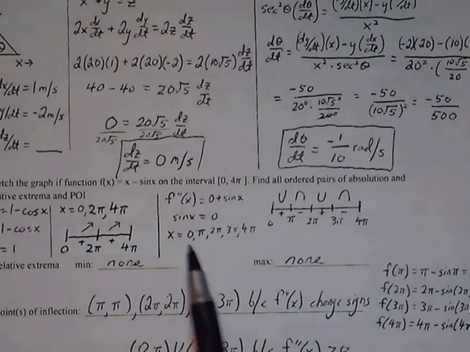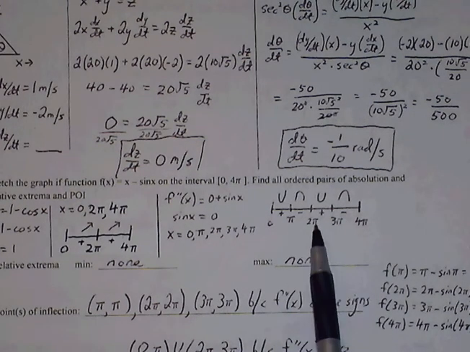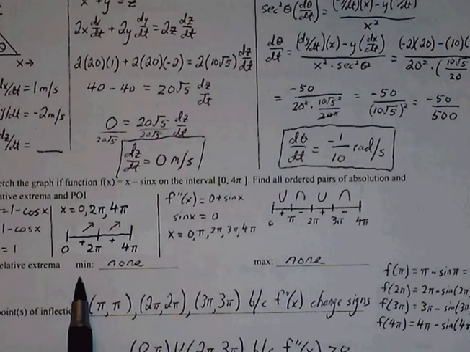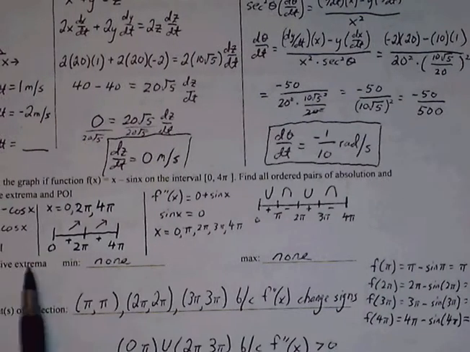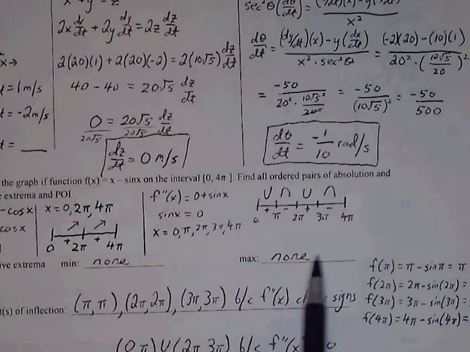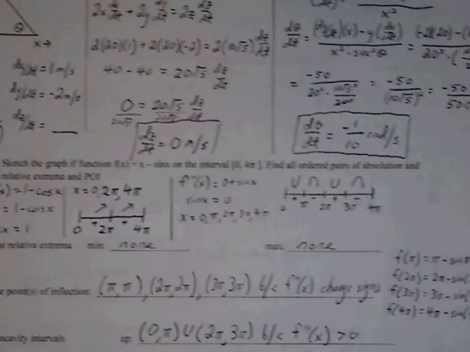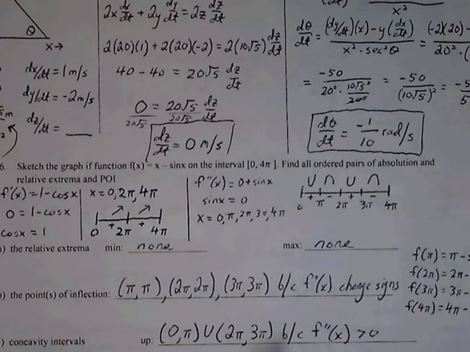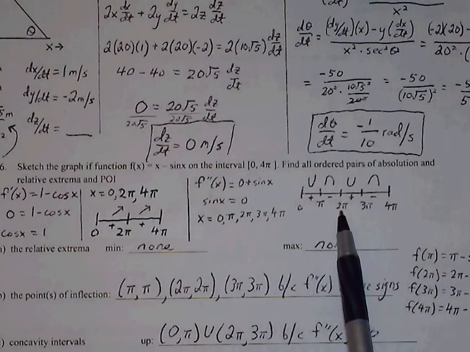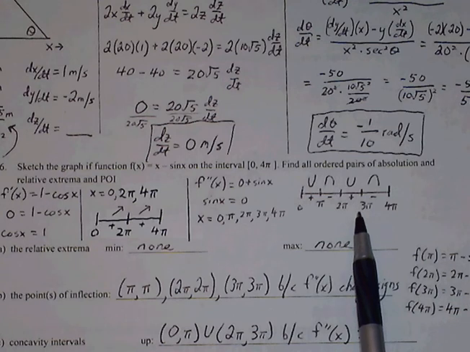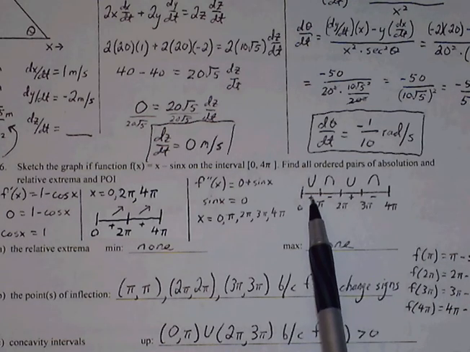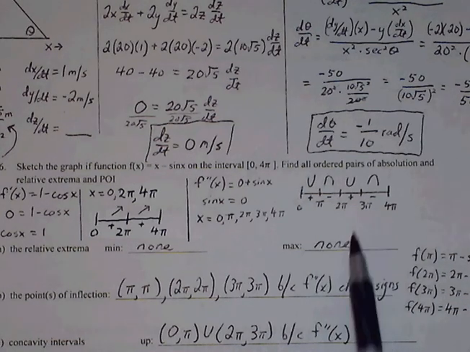Okay. So then we have 3 points of inflection. Relative extrema, there's no minimum, right? There's no change in sign. Same thing, no maximum. Okay. If I want to find the point of inflection, I plug all these critical points into the original function. Okay. There's a change in concavity, so we know all 3 will be points of inflection.